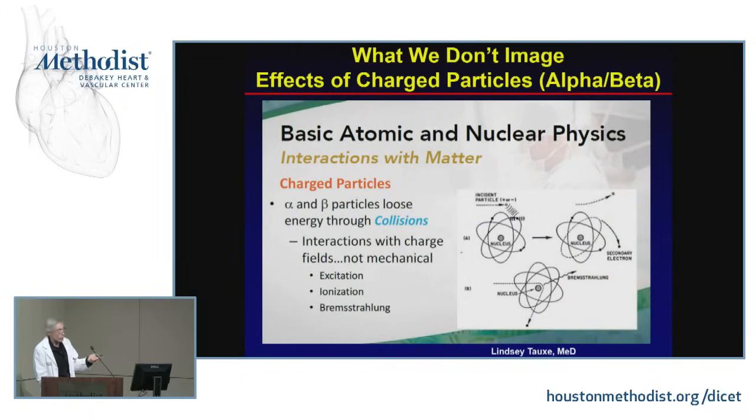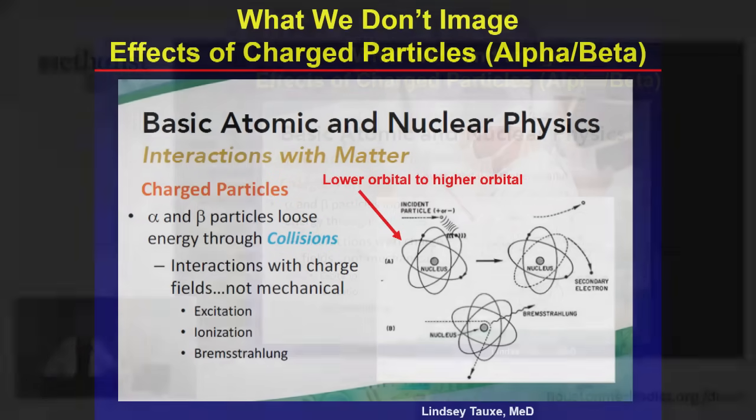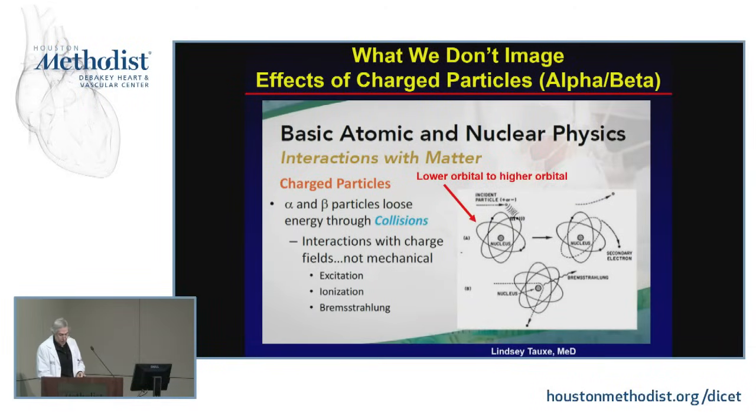What are some of the ways in which particles interact? You can have, for instance, with beta and alpha emitters, excitation. You can have ionization, or you can have Bremsstrahlung, okay? Now, excitation is when you increase an electron to a higher orbital, okay?